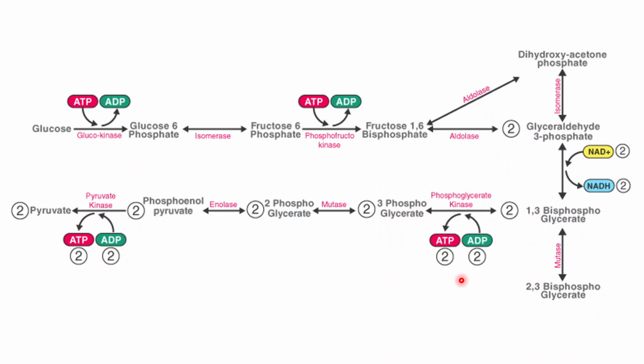Similarly, if you see in this reaction, 1,3-bisphosphoglycerate to 3-phosphoglycerate, this kinase is taking one phosphate group out of 1,3-bisphosphoglycerate. At the 1 and 3 positions, two phosphate groups are there.